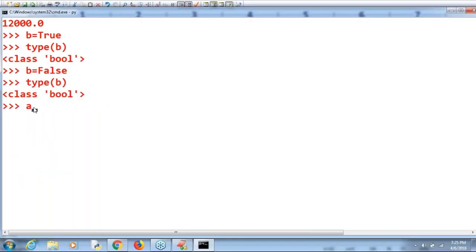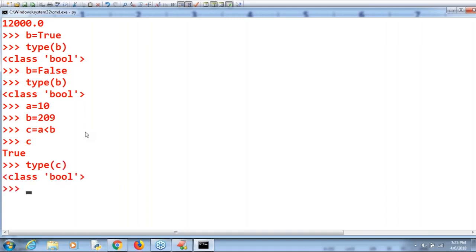Is it allowed? Yes, why not. What is the value of C? True is the answer, and the type of C is itself the bool type.